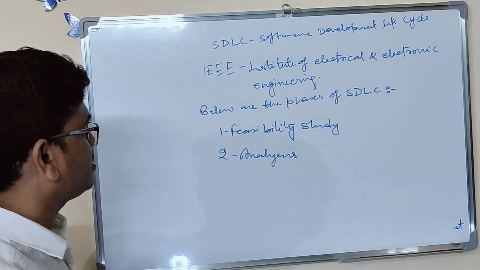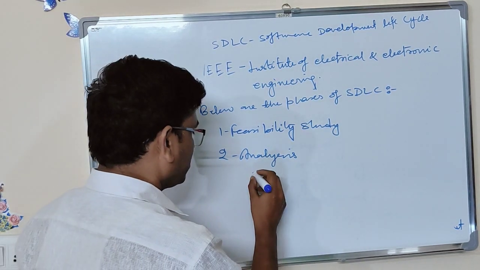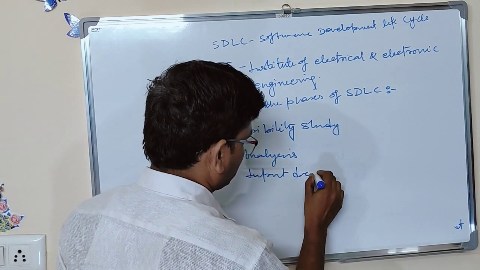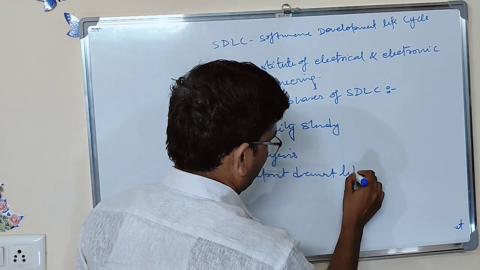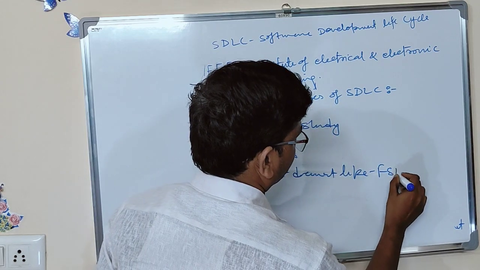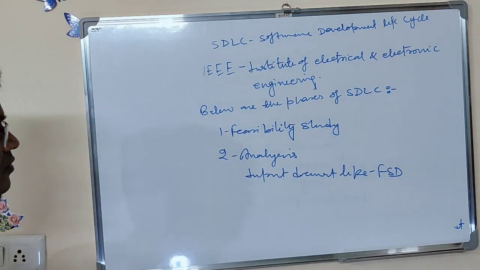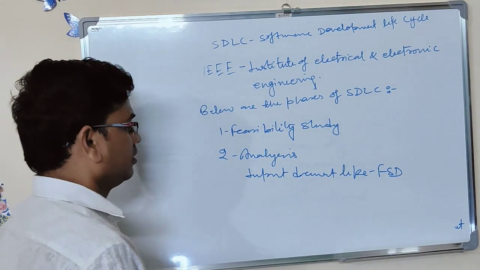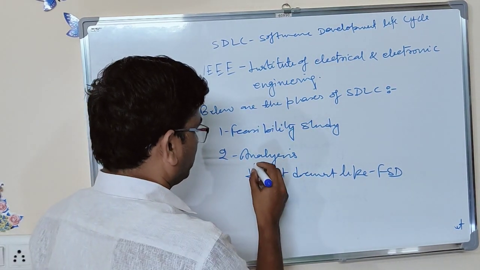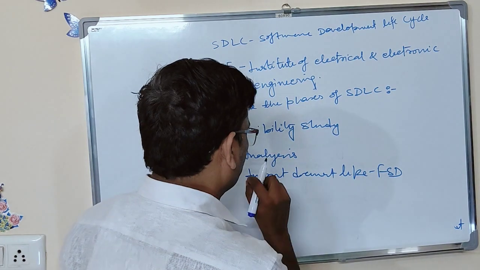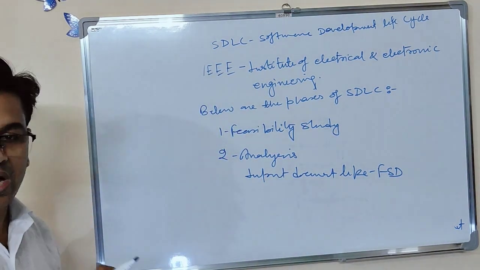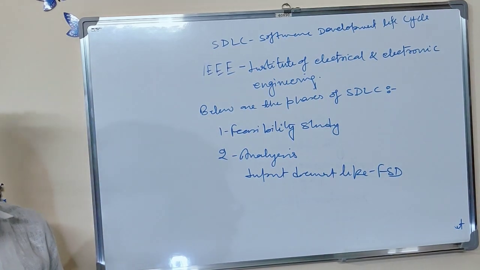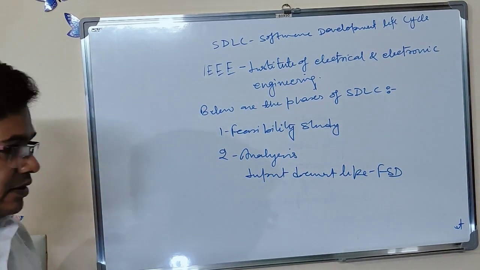So the analysis phase has an input document, like FSD, and this FSD is a non-technical document. The objective of the analysis phase is to convert this non-technical document into a technical document, and this will be done by the system analyst.